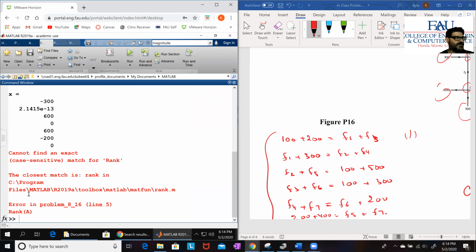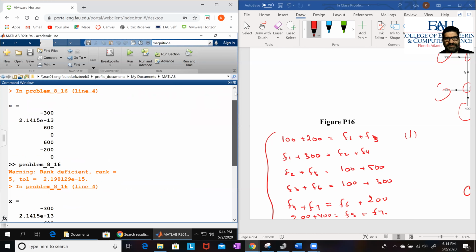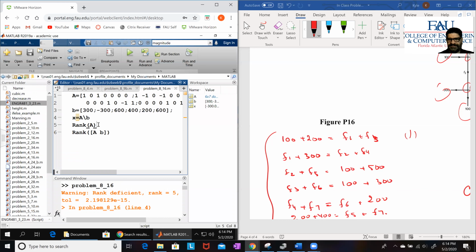Well, I'm treating it like I'm doing a command, so I'm just going to put rank of A is equal to rank of A, and rank of AB is equal to rank of AB.